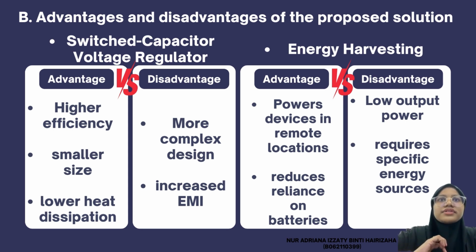For energy harvesting, its advantage is that it can power devices in remote locations and reduce reliance on batteries, and the disadvantage is low output power and requires specific energy sources.